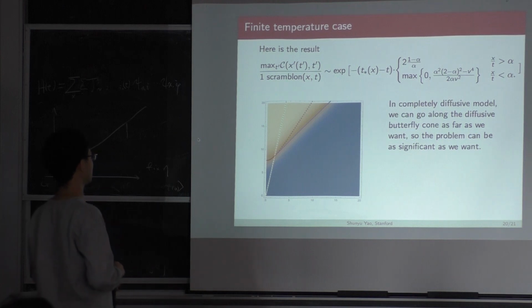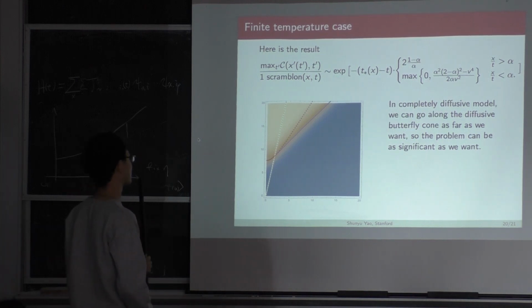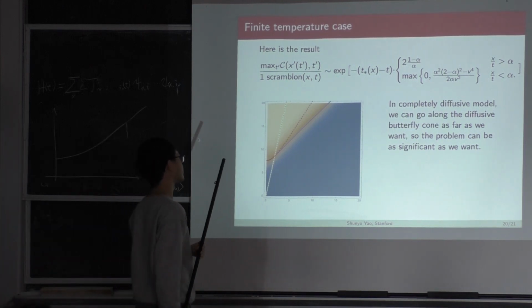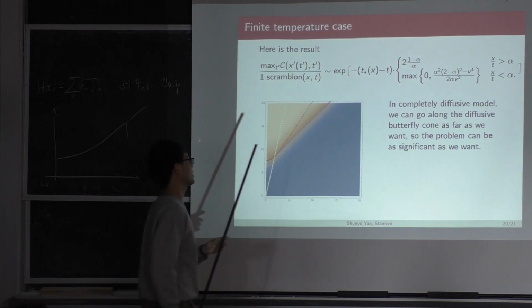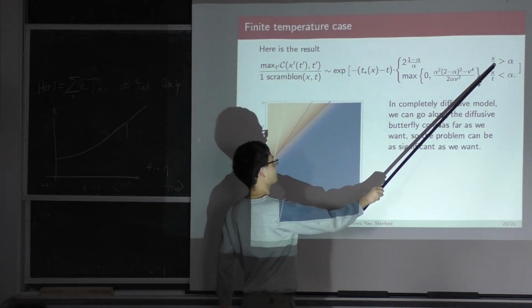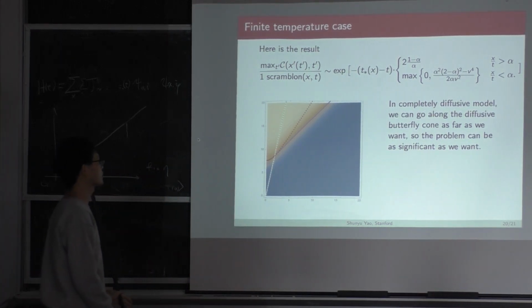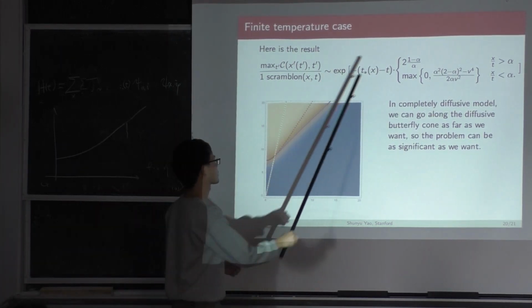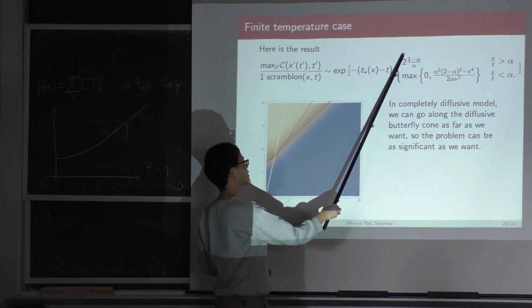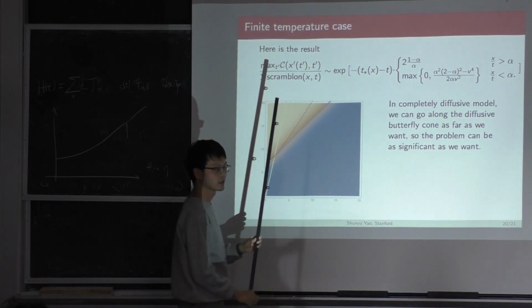And let me just show you the result of the same calculation. As I said, depending on the two different cases, we get two different expressions for the coefficient multiplied with t star minus t.